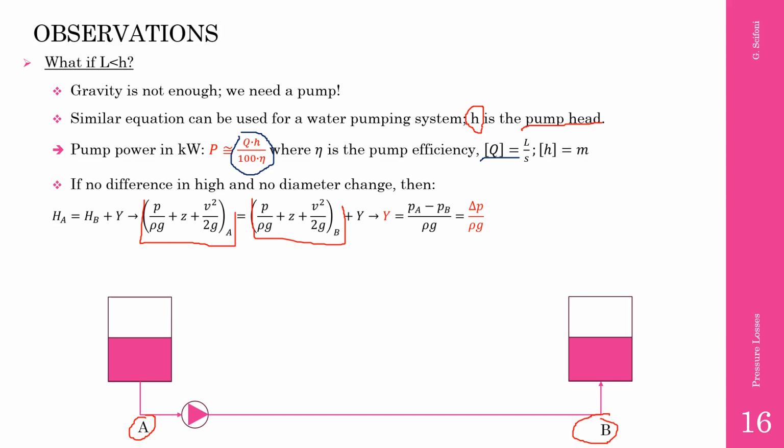But because there is no differential height and no change in diameter, it remains only the contribution due to the pressure. Therefore, the head loss Y is only given by the pressure change.